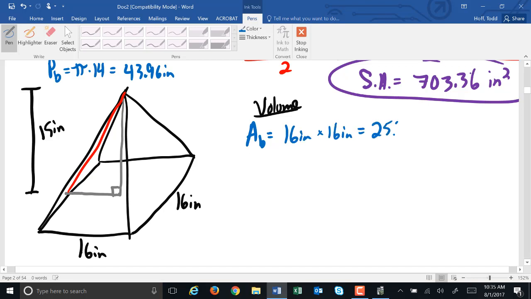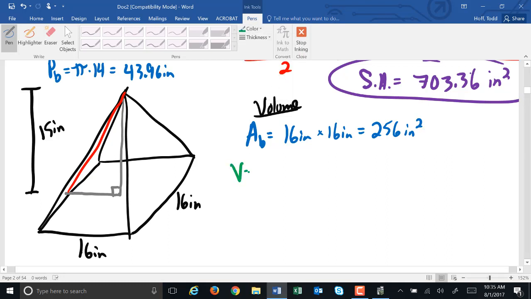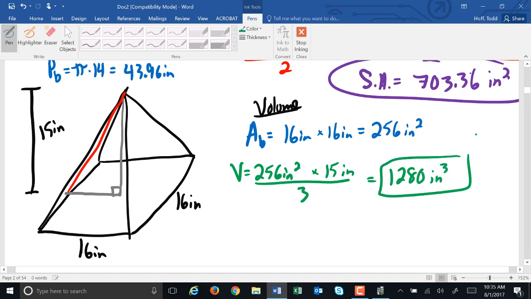So 256 inches squared. It's just a rectangle or a square, 16 by 16. So then the volume, the area of that base, times the height, 15, divided by 3, is 1,280 cubic inches.